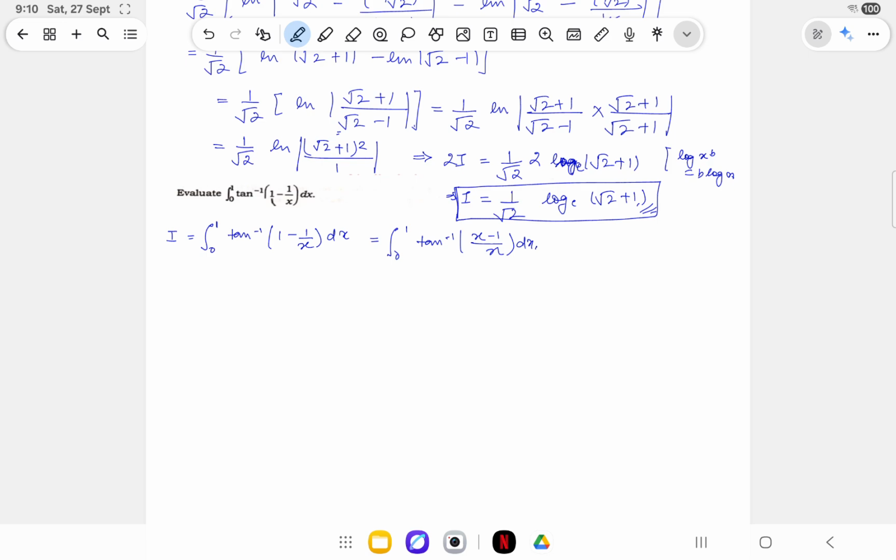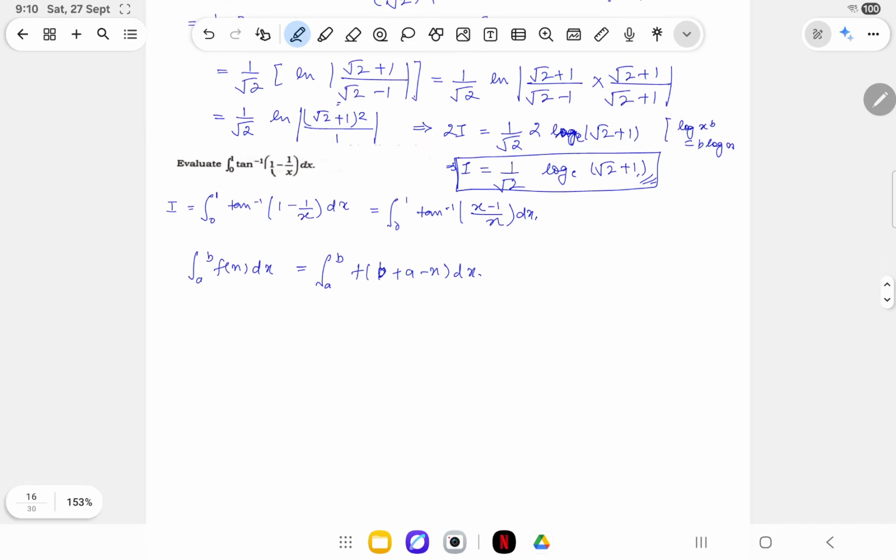Now let's again use the rule that says the integration from a to b of f(x) dx is equal to the integration from a to b of f(b plus a minus x) dx. If we use this rule here in equation 1, we'll get our I as integration 0 to 1 tan inverse ((1 plus 0 minus x minus 1) divided by (1 plus 0 minus x)) dx.